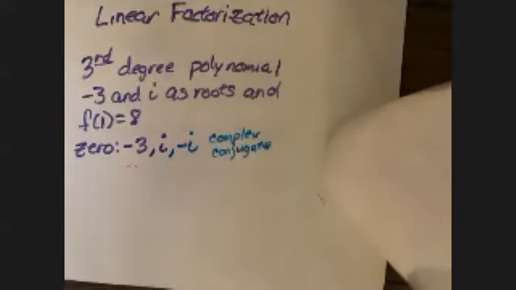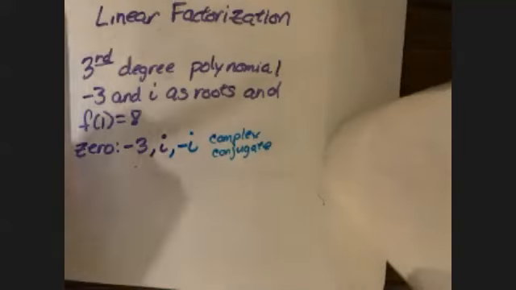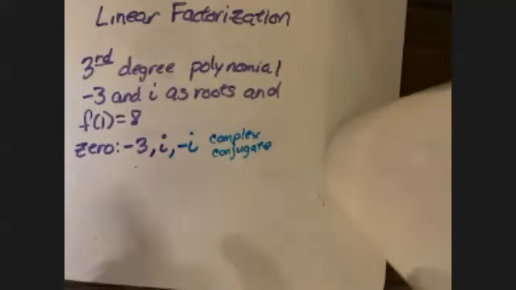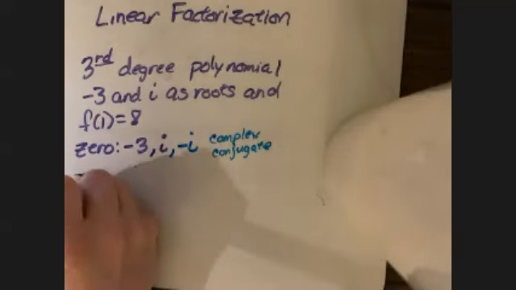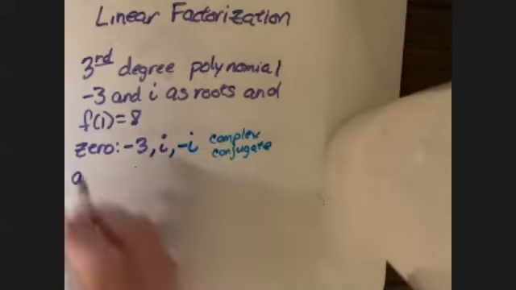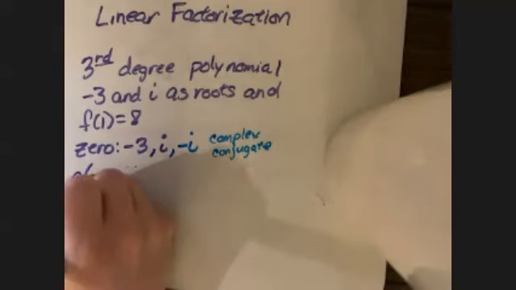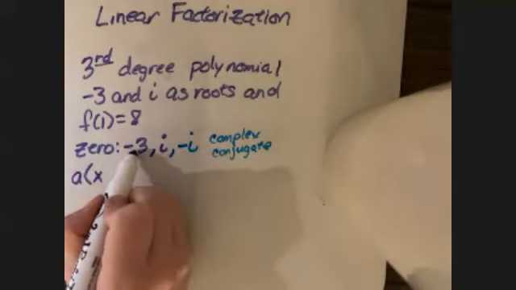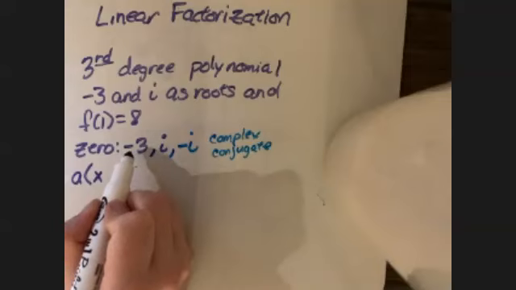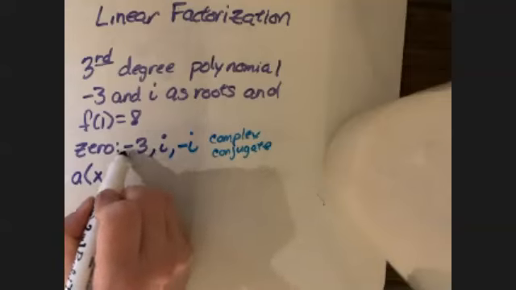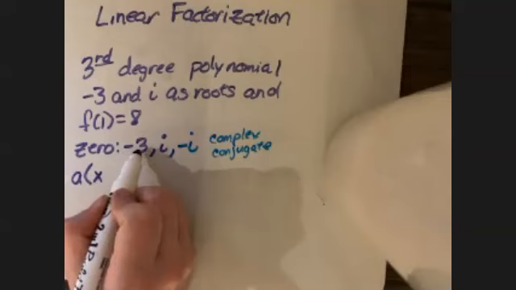Okay? So now, if you are going to take these and put them into their factors, okay? Now, I'm going to put an a out here in the front, okay? Because I'm going to need to figure that out here in a minute. When you go into factors, you do the opposite. So we're kind of undoing what we saw when we did synthetic division. So if I have -3, think about that. That would have been what was going in the box.